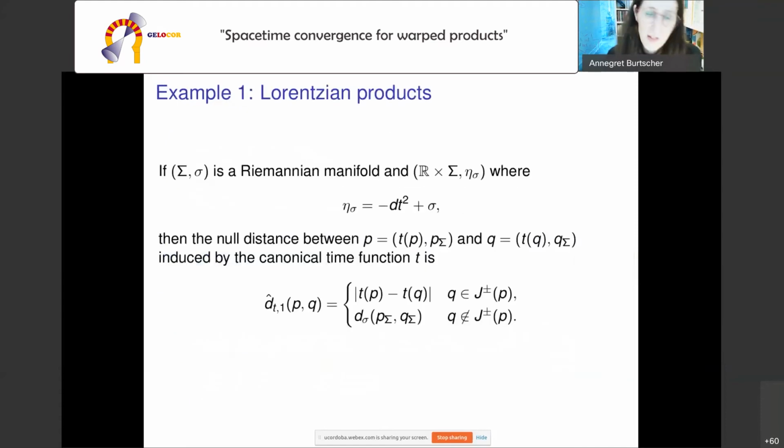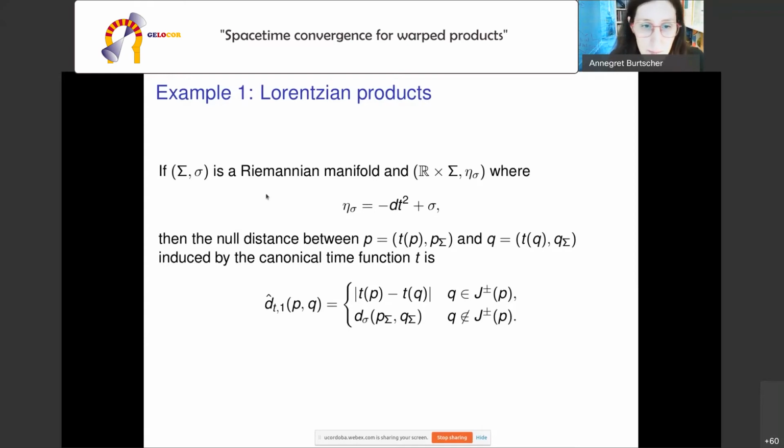Okay, so but before I go into the warp products, let's just look at the examples and look at what exactly the null distance actually looks like. And so you can just take a Lorentzian product, minus dt squared plus sigma, where sigma is some Riemannian metric. Now I don't assume anything else at this point.